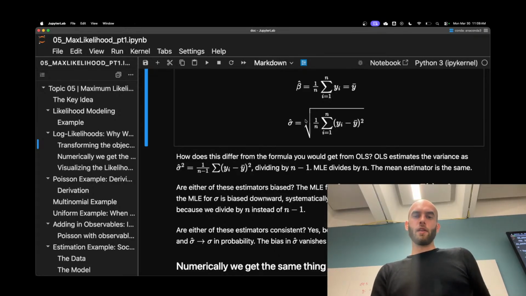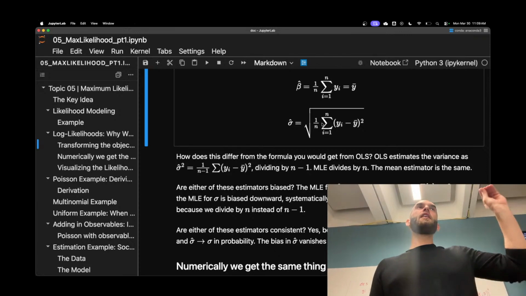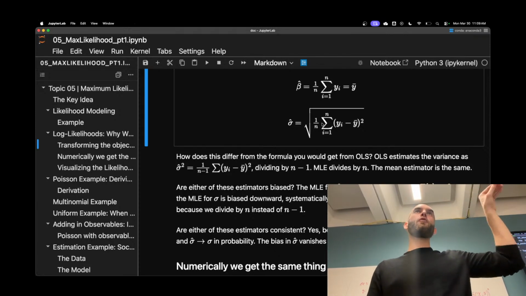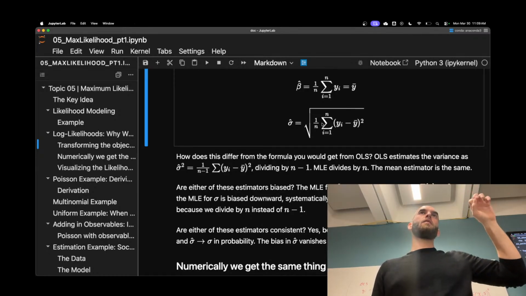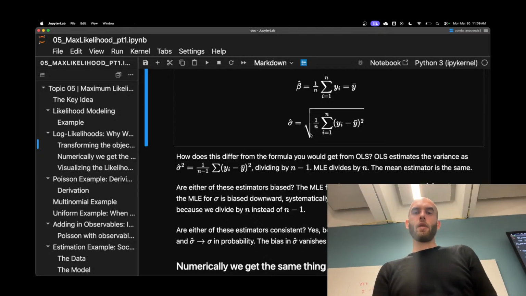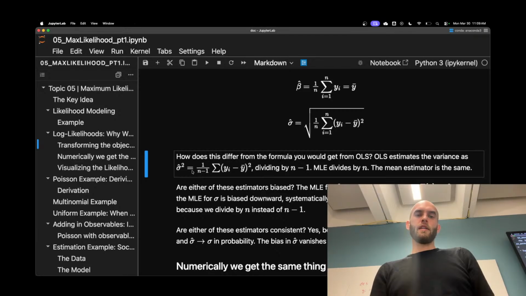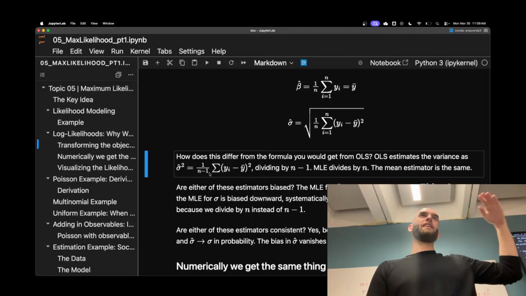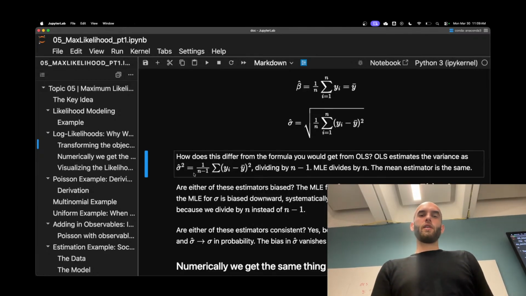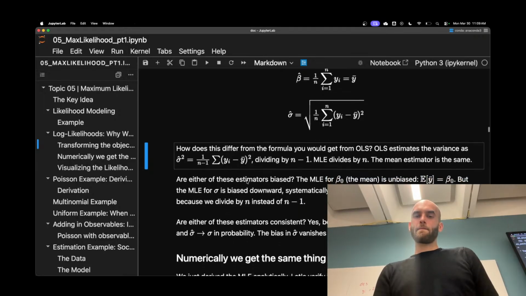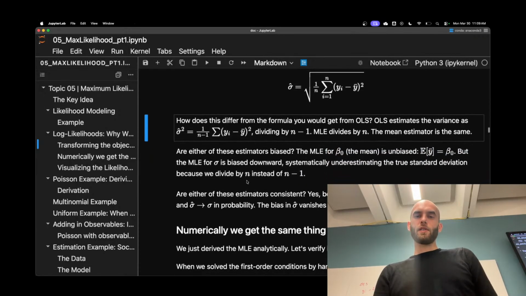But if you squared the sigma from MLE, the only real difference is that OLS has 1 over n minus 1, where MLE has 1 over n. So they're very similar, but we have a smaller value in the denominator, so this is going to be a little bigger. Okay, any questions here?